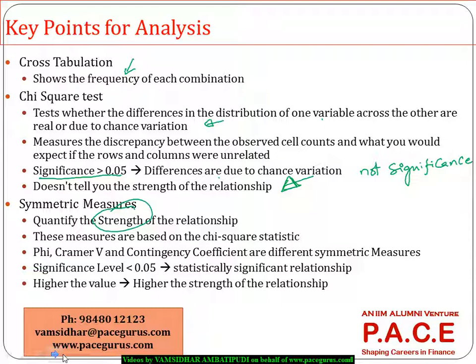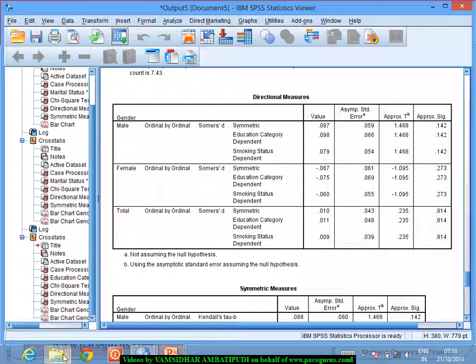But to determine which one is dependent on which one, I would typically go with a directional measure. So to whichever directional measure values are much higher, more than 0.5 or so, I could easily conclude that the dependency is more on that dimension compared to the other dimension.